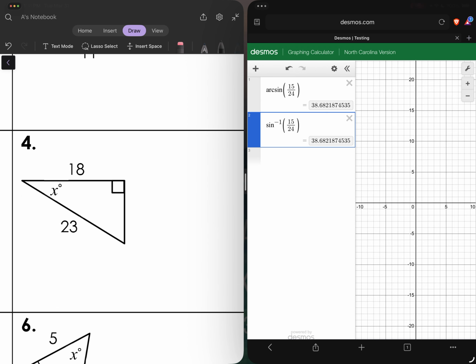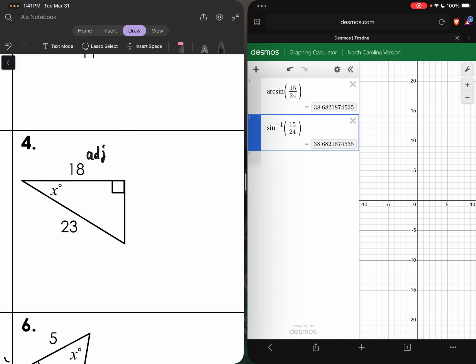I have the adjacent as 18. I have the hypotenuse as 23. If you remember the ratios, cosine is adjacent over hypotenuse, so cosine of x equals 18 over 23. To solve for x, I'm going to take the arc cosine.